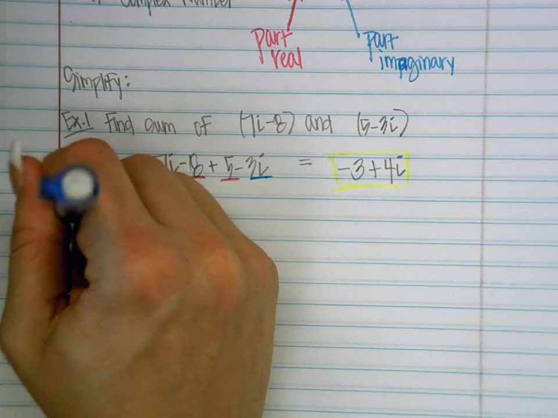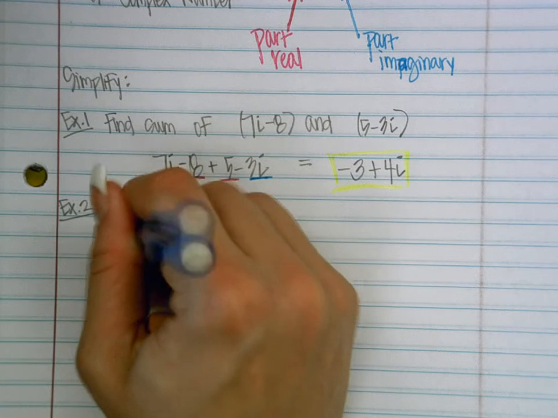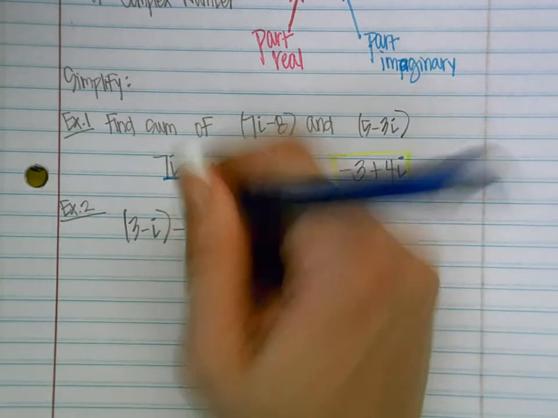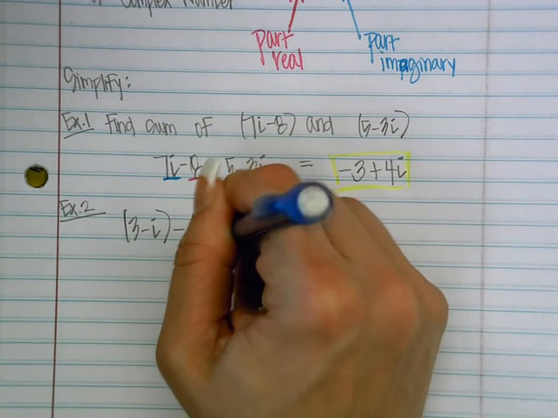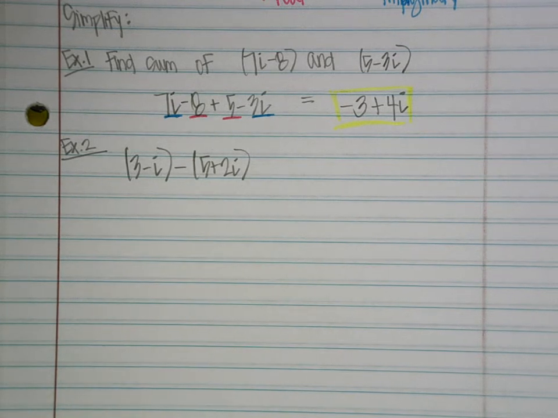Okay, next one, number 2. I would like you to simplify 3 minus i minus 5 plus 2i.